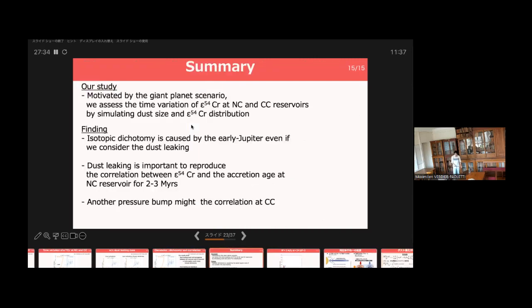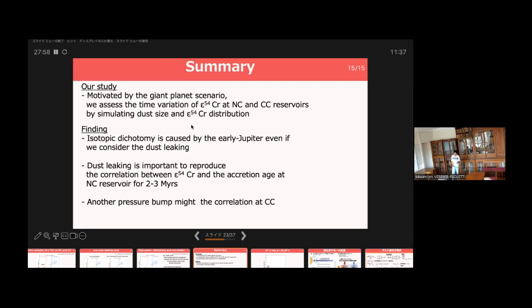This is a summary of my talk. We were motivated by the giant planet scenario, and we assessed the time variation of chromium in the MC and CC reservoirs by estimating the dust size and distribution. But we found that the isotopic dichotomy is caused by Jupiter, even if it considers dust leaking.